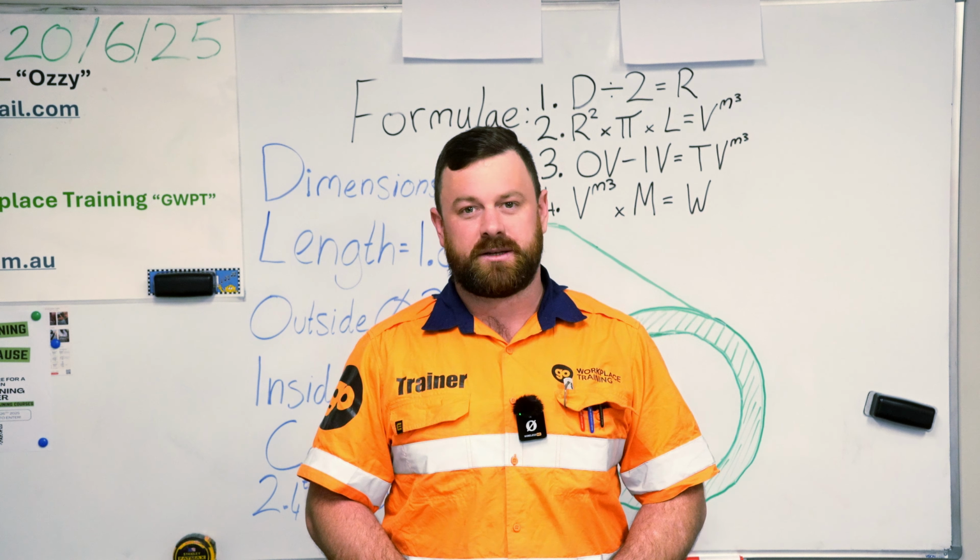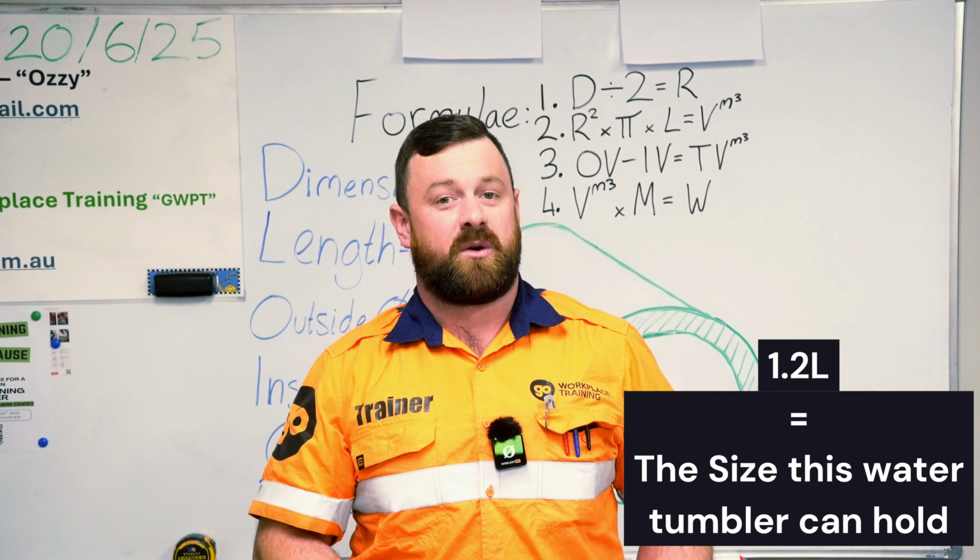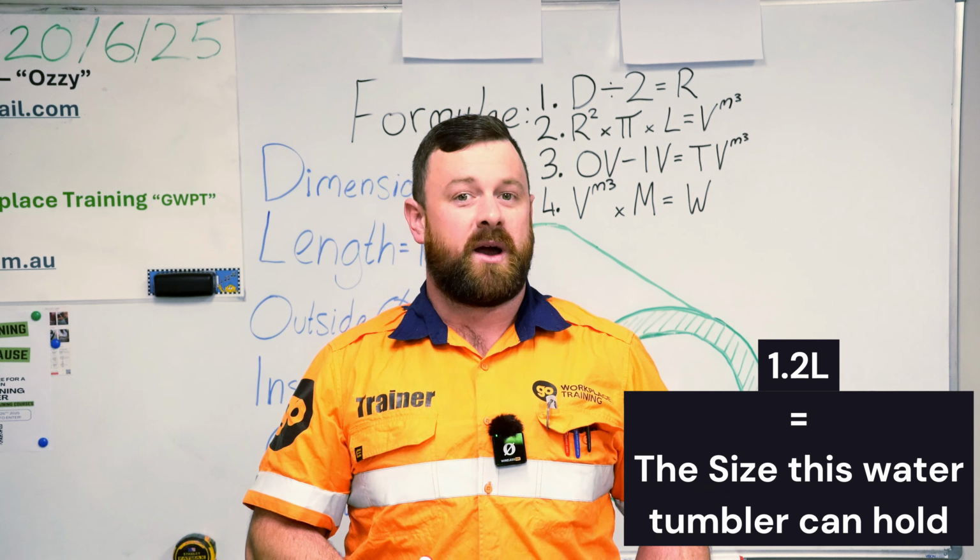What is a volume? A volume is the physical size that an object is. For example, this water container holds a capacity of 1.2 litres of water. How much does water weigh? Water weighs exactly 1 kilo per 1 litre, so that mathematics is pretty easy. However, concrete weighs 2,400 kilos per cubic metre, and steel weighs 7,850 kilos per cubic metre.